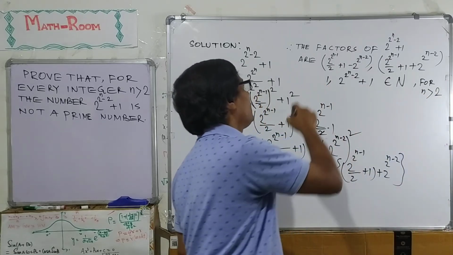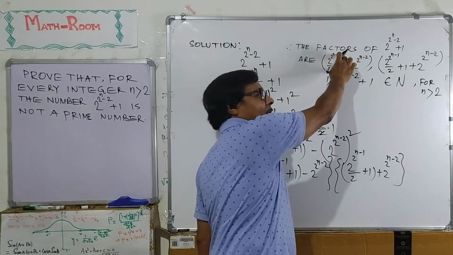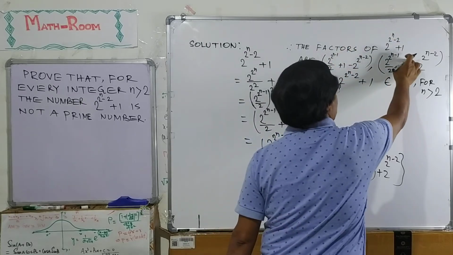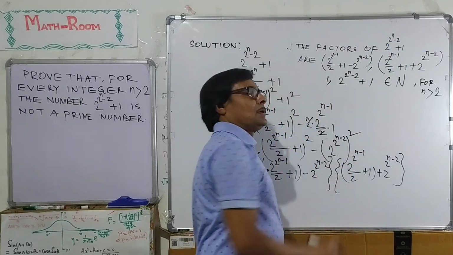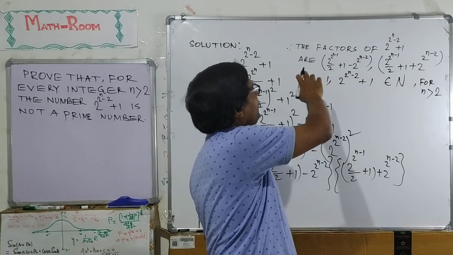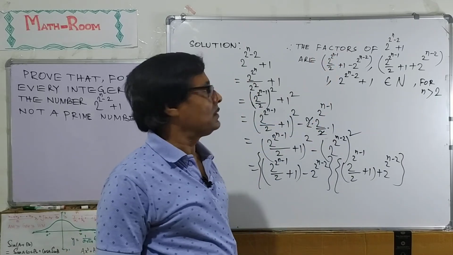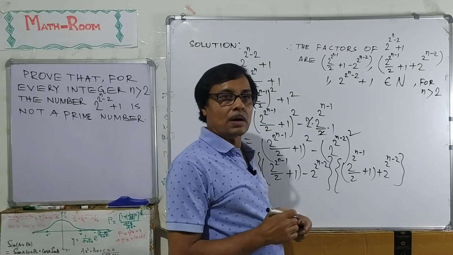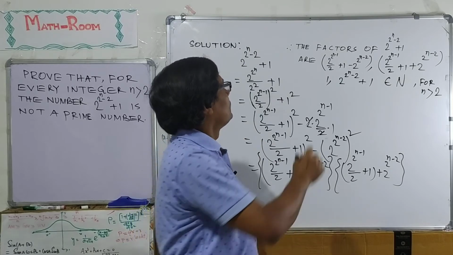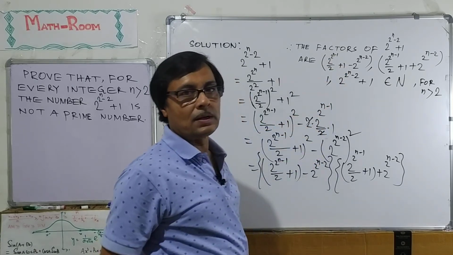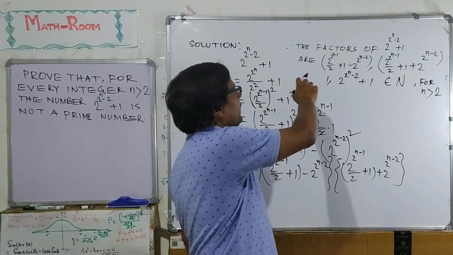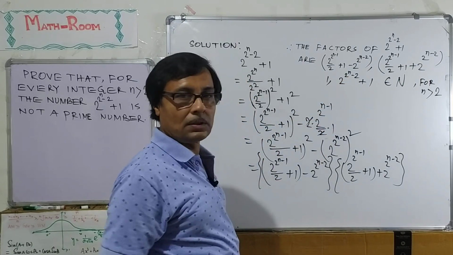So, all factors of the given number are natural numbers, and the number of factors is 4, which is greater than 2.